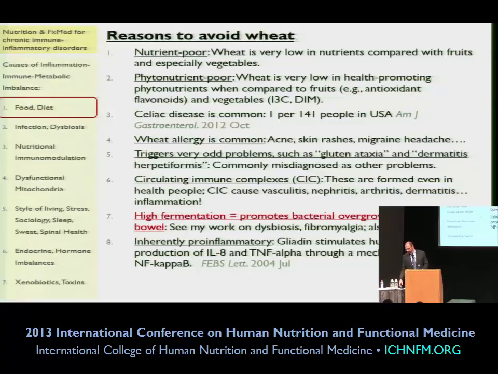Immune complexes are combinations of antigens and antibodies. Let's say somebody eats wheat and it has an antigen in it, and then their body forms an antibody which attaches onto that. As you may know from physiology, all antibodies have 2 heads on them. So what you can end up with is a chain of antigen, antibody, antigen, antibody. It's a long chain of antigens and antibodies, and that's what an immune complex is.